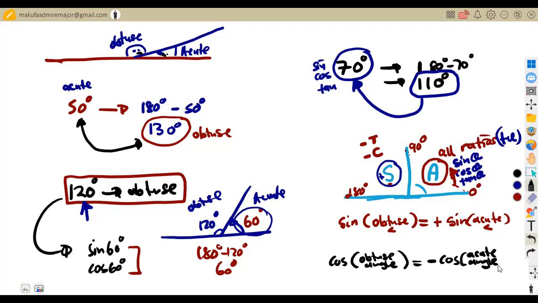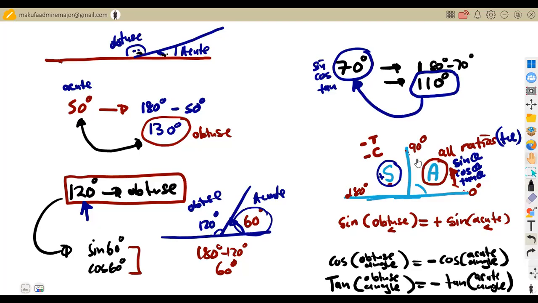Guys, we must understand this concept. Cos is negative. Tan also is negative. So the tan of the obtuse angle must be equal to minus tan of the acute angle. All right, let me explain it this way.